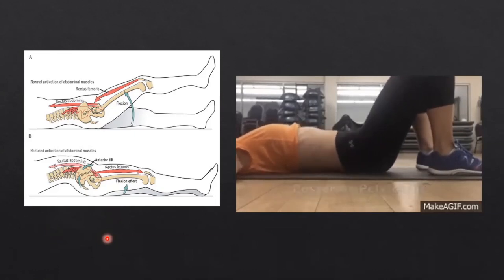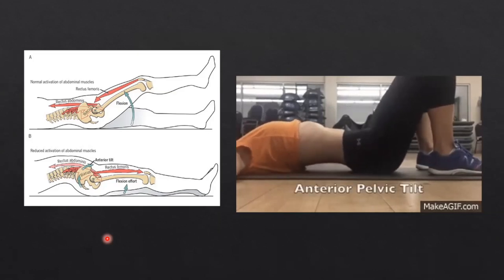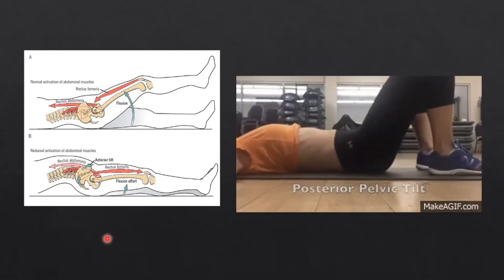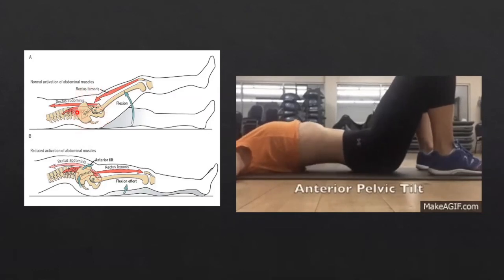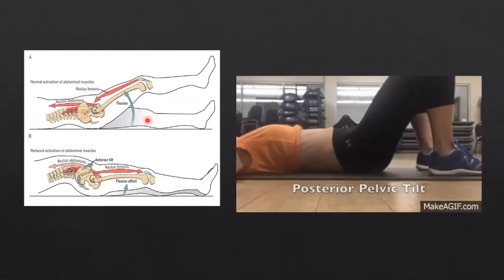One of the first movement patterns that we see about this joint region is what we call pelvic tilt. The most common ones that you'll hear are the anterior and posterior pelvic tilt. How your pelvis is oriented will automatically implicate how these muscles pull and interact with your body.